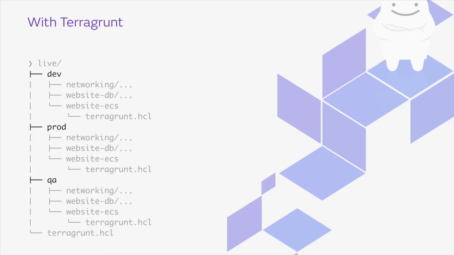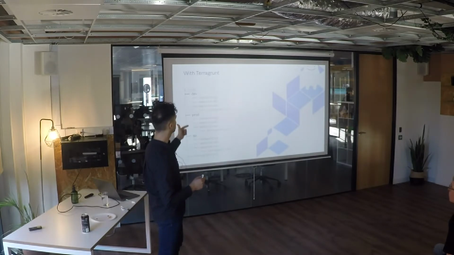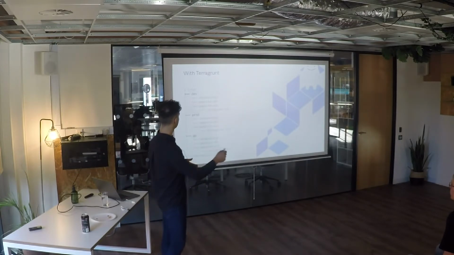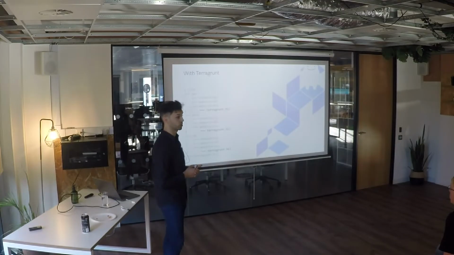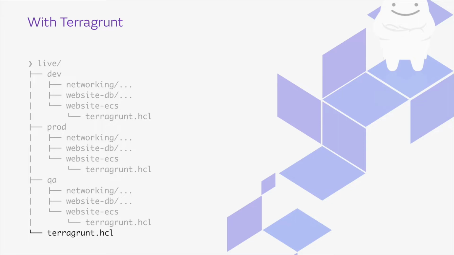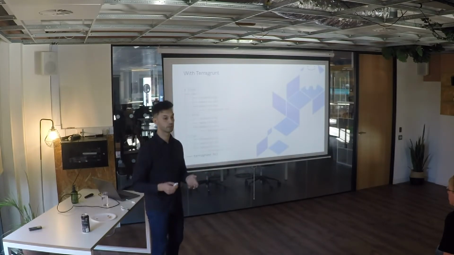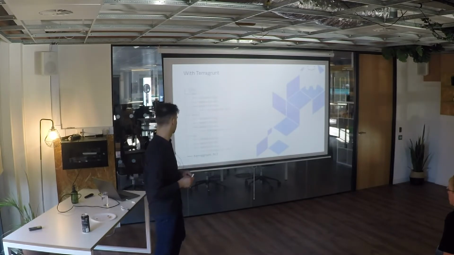If you remember the previous example, this is what it looks like with Terragrunt. For each component in each environment, we'll now have a single Terragrunt HCL file, and we'll have a top-level Terragrunt file. This will be the file in which I'll put my backend and my providers configuration.